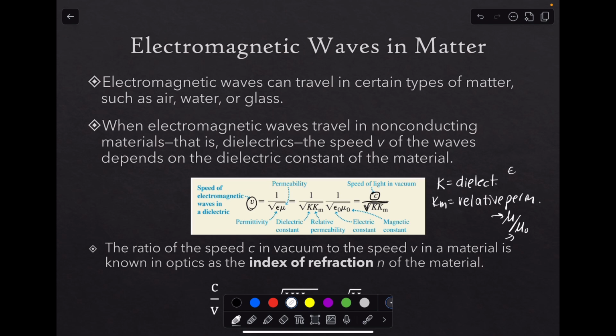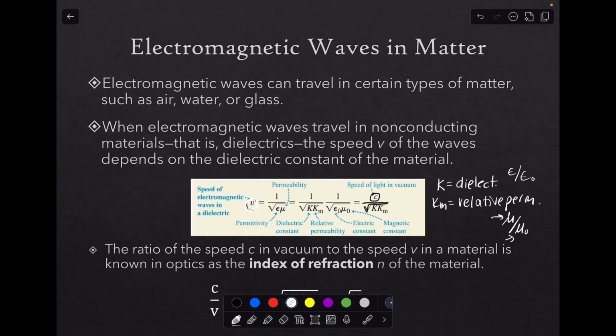So this number combined, square rooted, is going to give you some kind of positive value greater than 1. And so anytime you are traveling in a material, your speed is going to be c, the speed of light, divided by some number bigger than 1, which is going to, of course, reduce the value of the velocity.